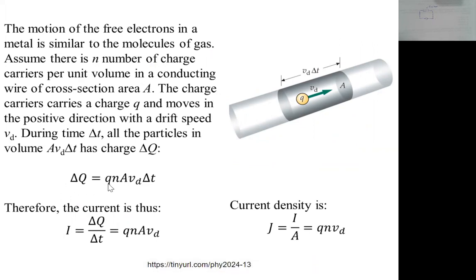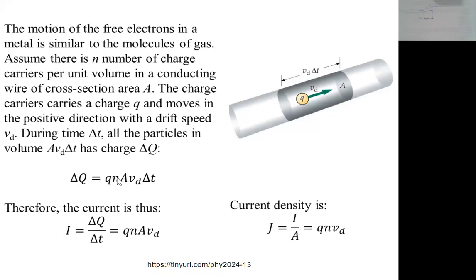That should be equal to small q, the charge of each charge carrier, which could be an electron or a positive charge, times small n, the number of charges per unit volume, the number density of the charge carriers, times A, the cross-sectional area of the conductor, and Vd, the drift velocity of the charge carrier, times delta T in a given time period.